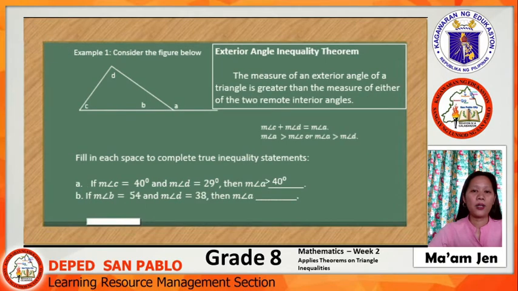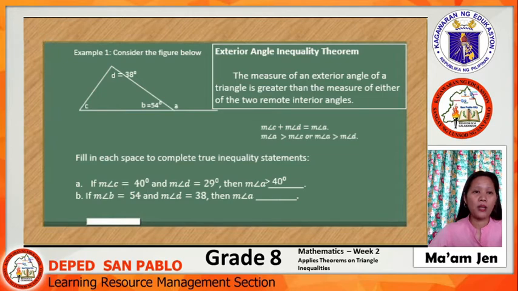Let's have letter B. If the measure of angle B is 54 degrees and the measure of angle D is 38 degrees, then we have to find the measure of angle A. Since 38 and 54 are angles of this triangle, we know that the sum of all the angles of a triangle is 180 degrees.